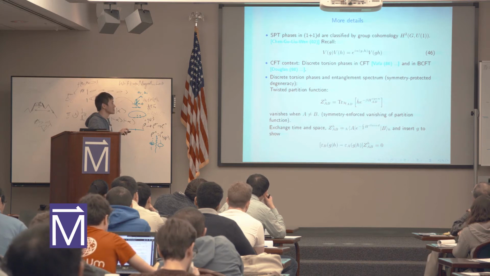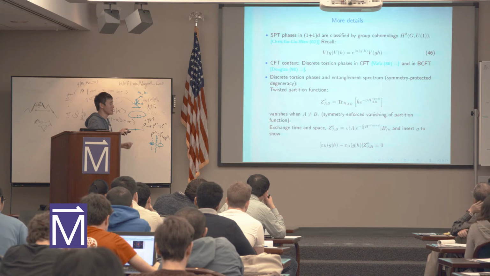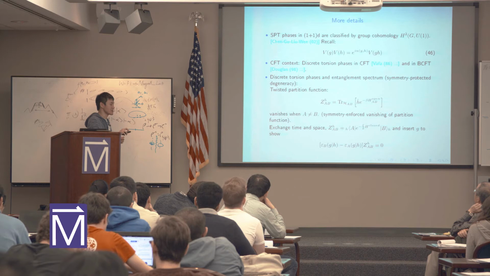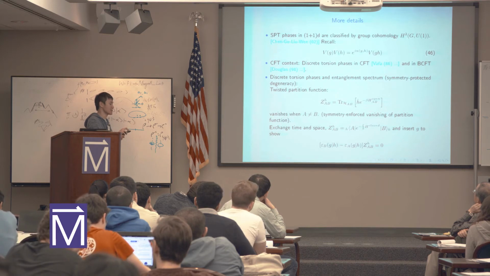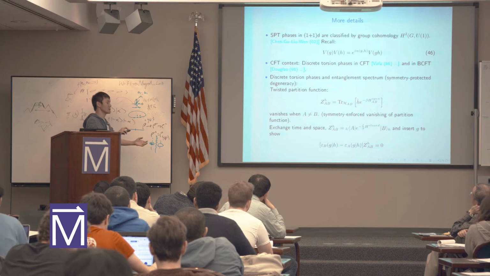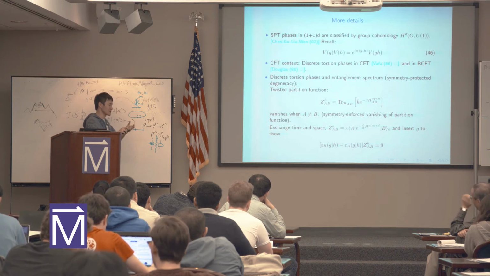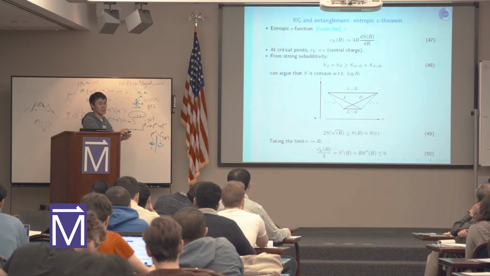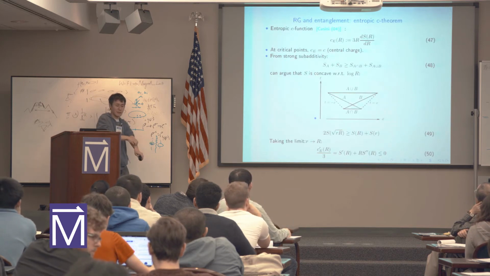Once again, I will be discussing conformal field theories perturbed by some operators. But in this case, I will talk not about the properties of the endpoint of the RG, but about the RG flow itself. So there's this C theorem.